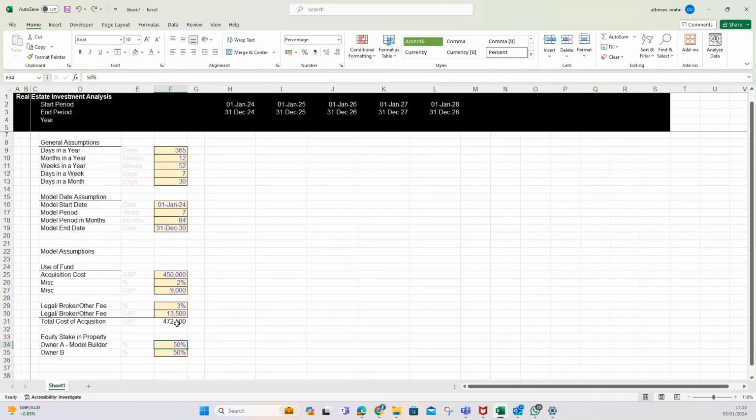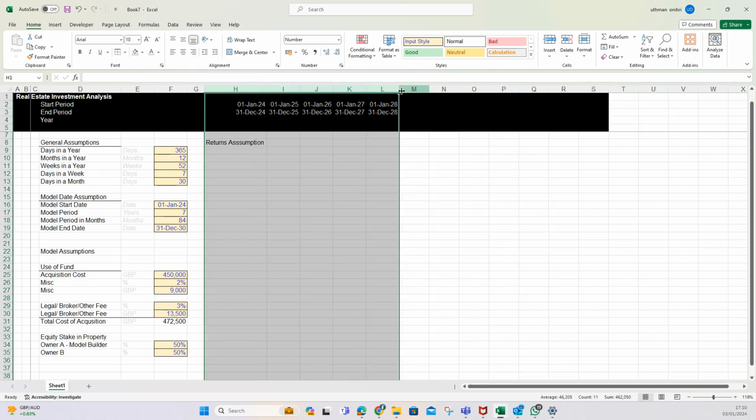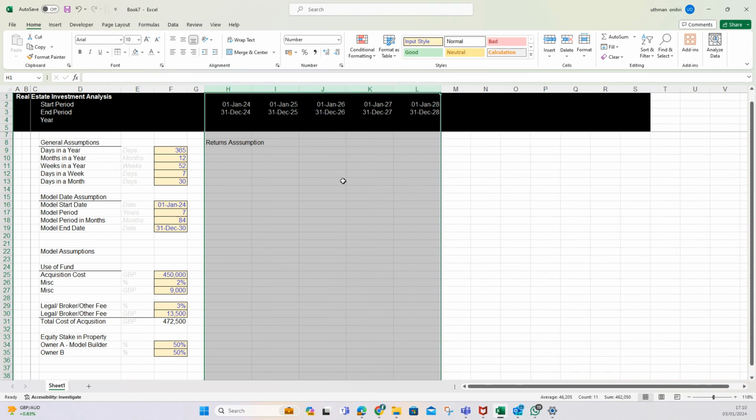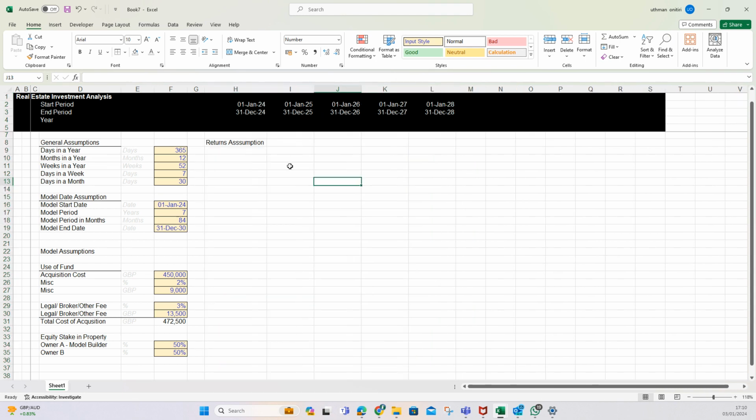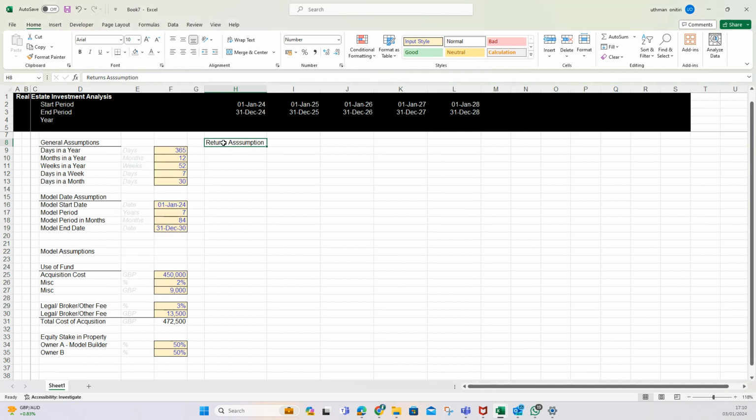Almost there. So on this part of the screen, I want to build what I'll call my returns assumption. Basic one, promise you. Of course, when you buy a property, you're going to be renting it out, right?